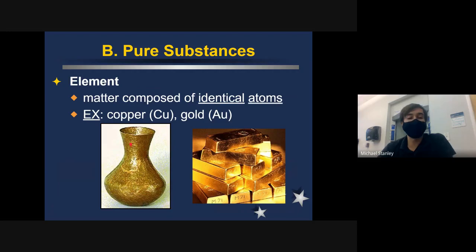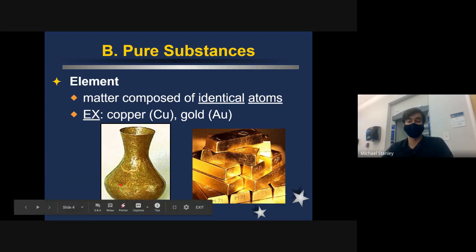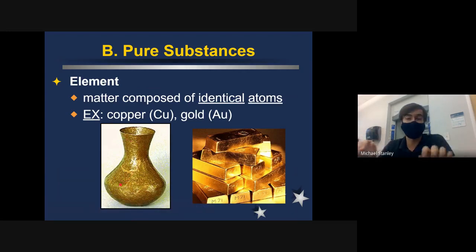So like when vases are made out of copper, like pure 100% copper, like the ancient old-timey vases, this would be one single element in here. Every single metal atom in here is a copper atom. It's not mixed with anything else like lead or tin or silver or anything like that. It's all 100% pure copper.